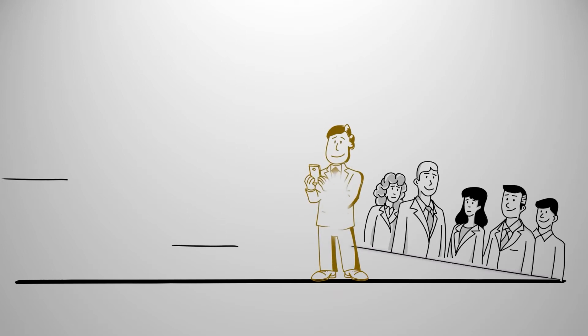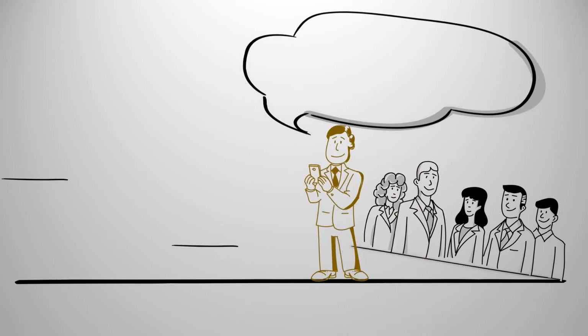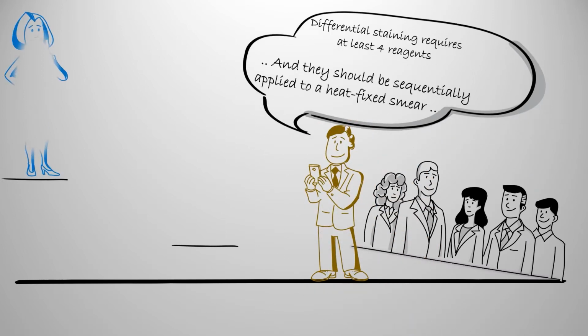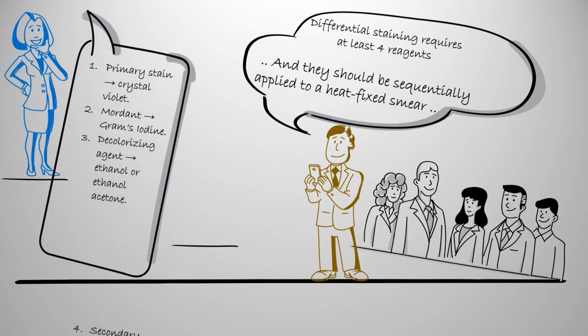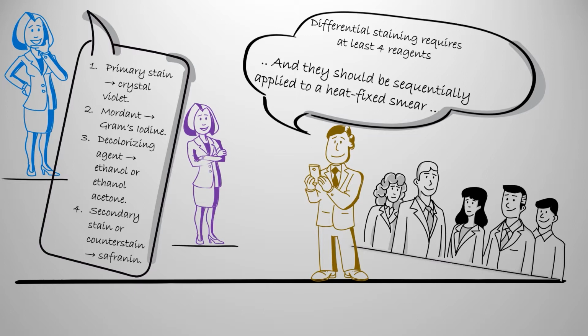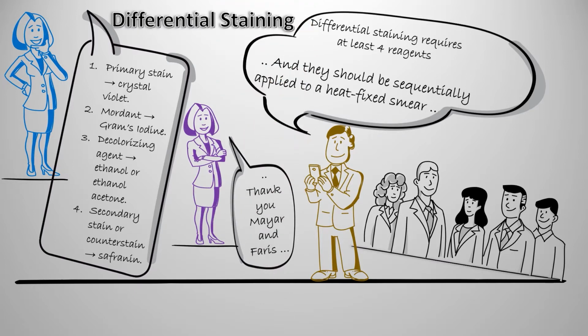Gram stain is the most popular stain in bacteriology. It is a classical differential stain that classifies bacteria into two big categories: gram-positive bacteria and gram-negative bacteria.